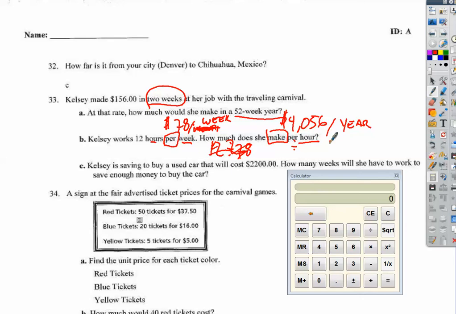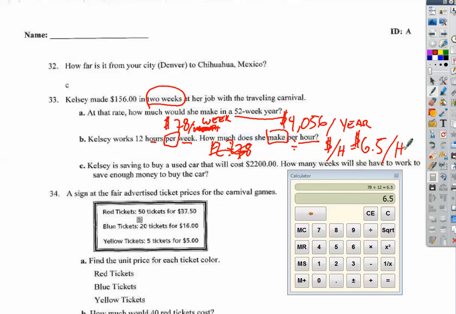So we're looking for dollars per hour. So dollars divided by hours. So it's 78 divided by the 12 hours, and I get $6.50 per hour.